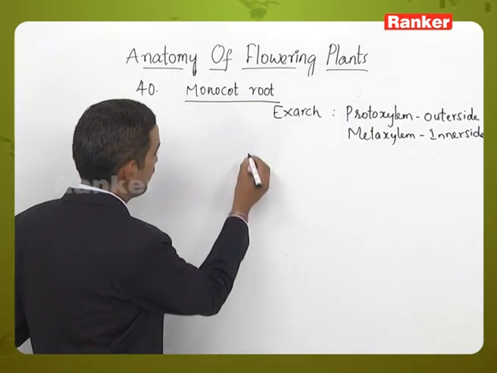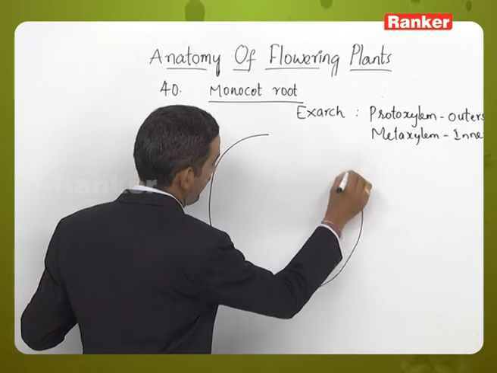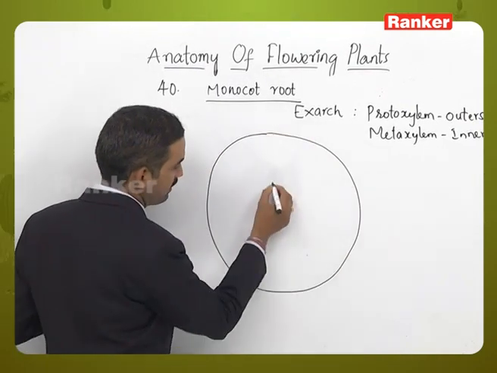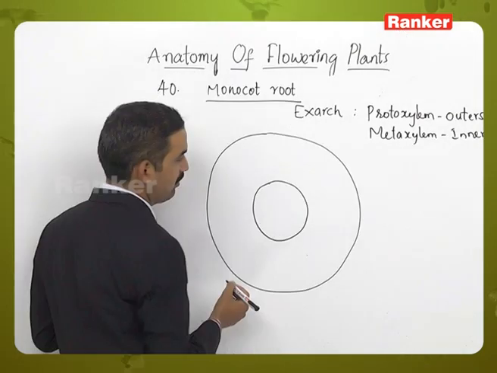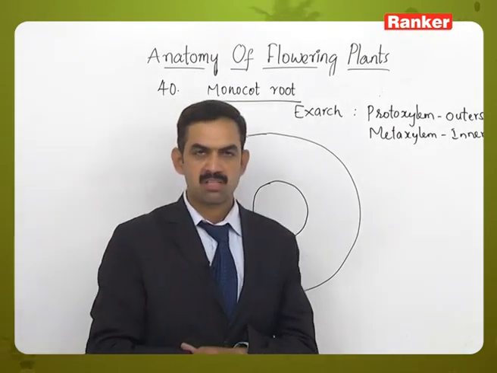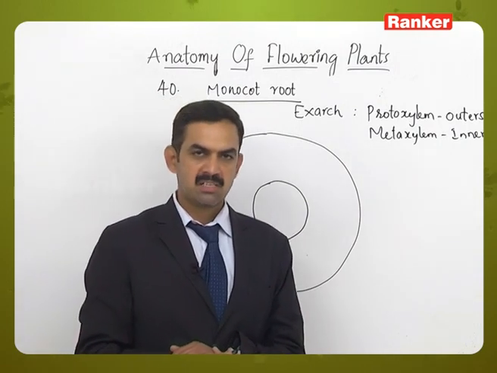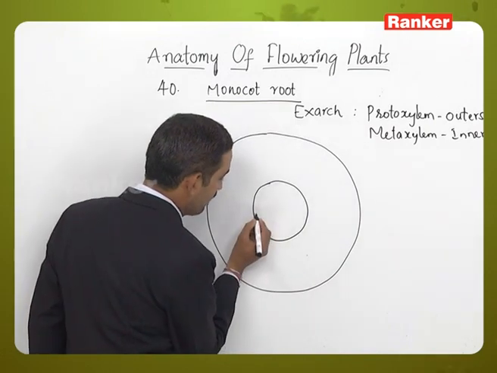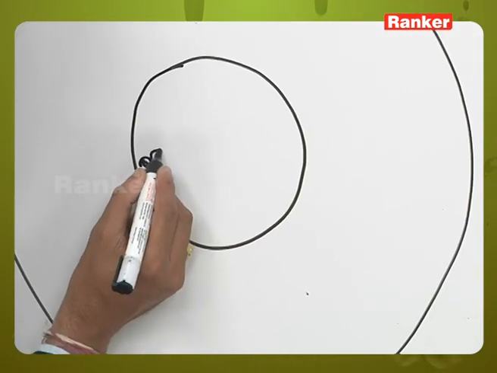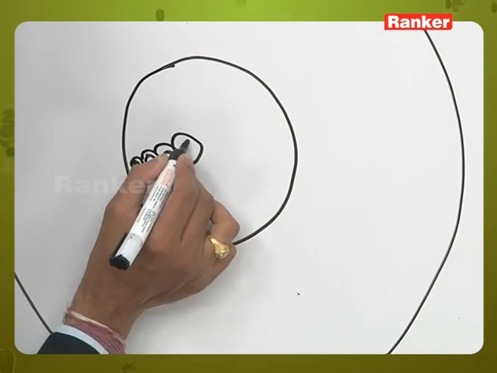Now let us see the internal organization of the root in a grass plant. So this is the epidermis and this is the stelar part. In the stelar part we can see that xylem and phloem are present on separate radii, that is, the xylem is in a separate bundle and the phloem is in a separate bundle. If you observe, this is a protoxylem tissue and gradually the size of the xylem tissue will be increasing towards the inner side.